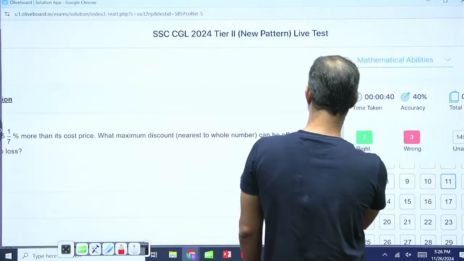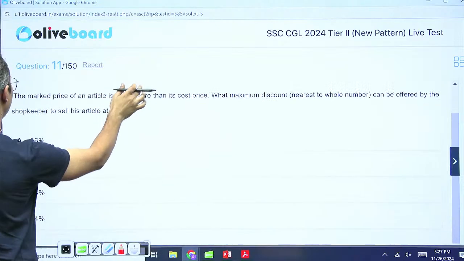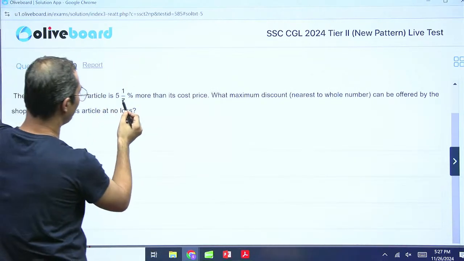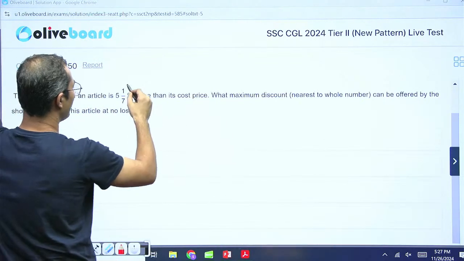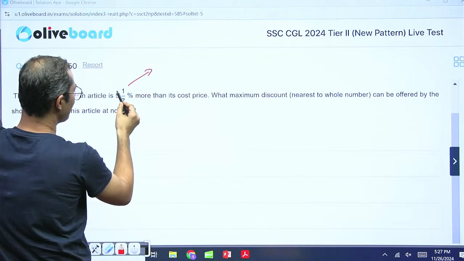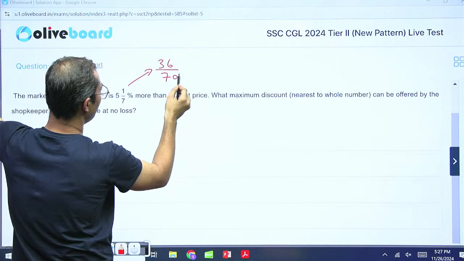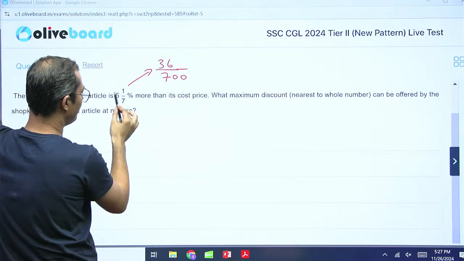Now tell me what is the answer for this question. The question is saying the mark price of an article is 5 whole 1 upon 7% more than its cost price. More than its cost price means how much? 7 5s are 35, so this is 36 by 7, right? So this is the fraction of this percentage value.